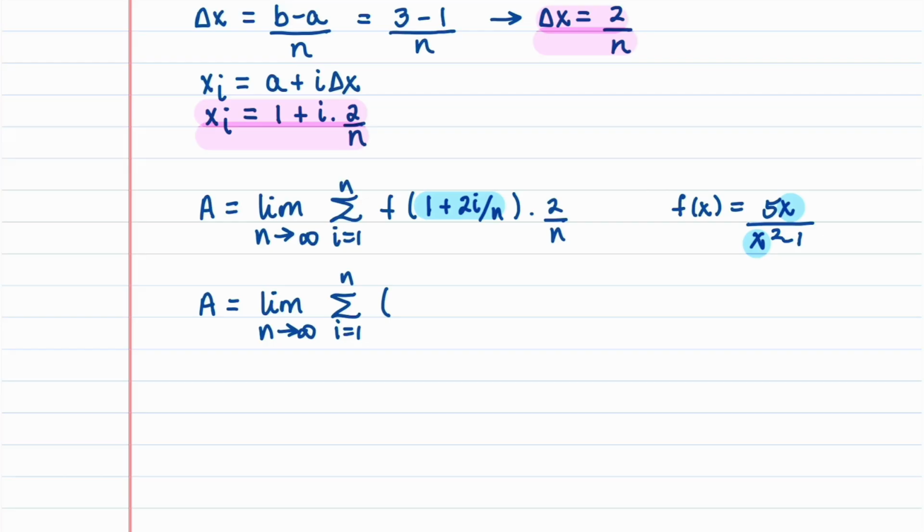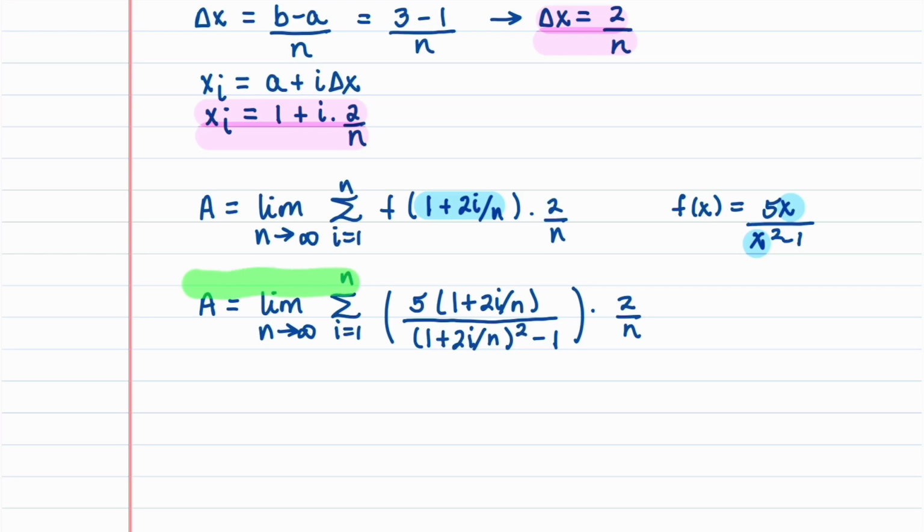I'm actually going to make a bigger parenthesis here. I'm going to need that. So we have 5 times 1 plus 2i over n in our numerator, and then in our denominator, we have x squared. So this is 1 plus 2i over n squared minus 1. And that gets multiplied by 2 over n. And that's all we need to do. And this is our final answer.